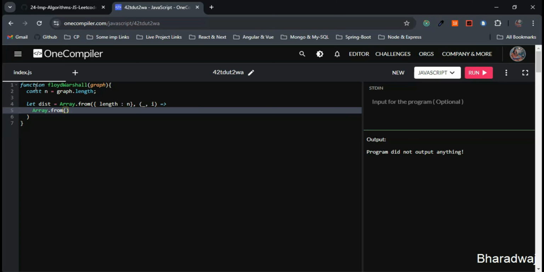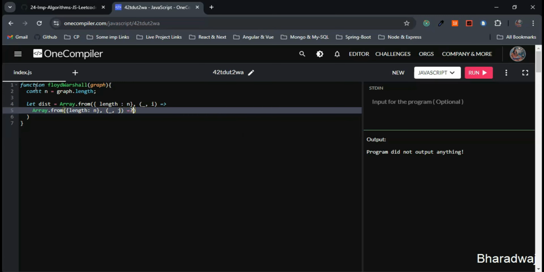Array.from, I'll make use of here again, with length n. I and j I have to consider. I already have considered i, then here let me consider j.